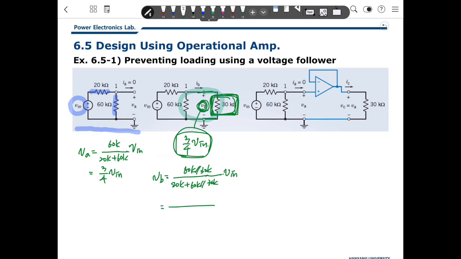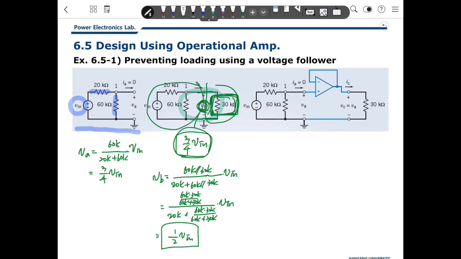So there will be 1/2 V in. Just by connecting the two different circuits, the output is different. We expect 3/4 V in, but the result is 1/2 V in.